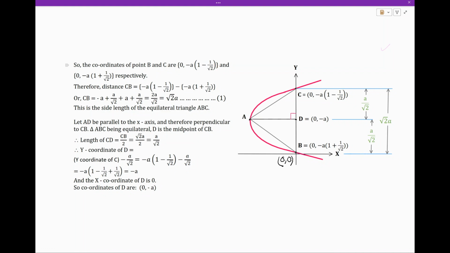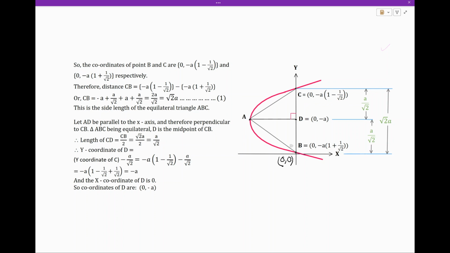And for the other point, again the x-coordinate is 0 and the y-coordinate is the value we have just now found out, that is minus a multiplied by (1 plus 1 by square root of 2). And these are shown in the diagram. See that at C, x is equal to 0, y has some value. At B, x is equal to 0 and y has the other value.